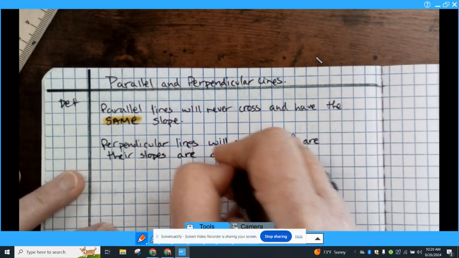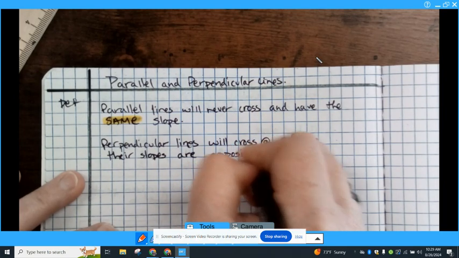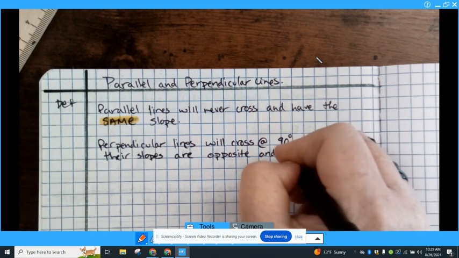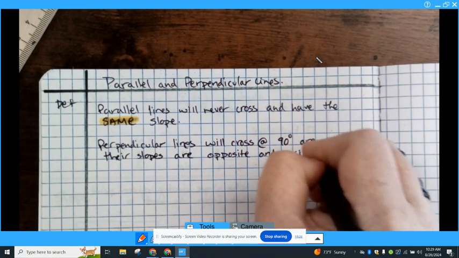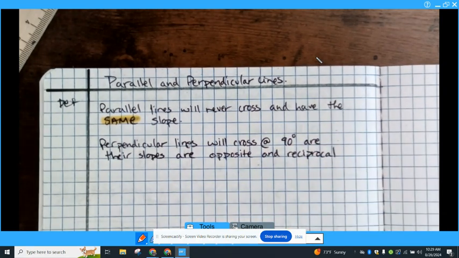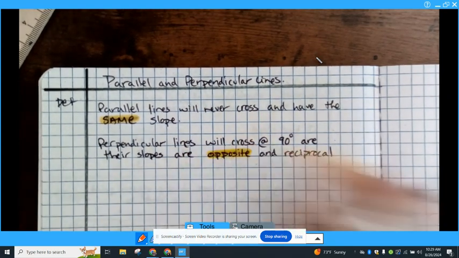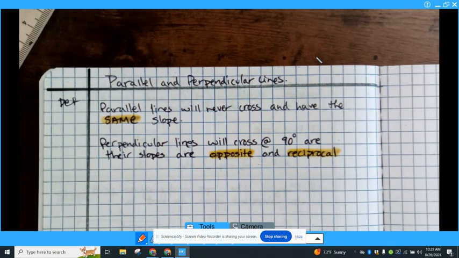So if one is positive, the other one's negative. And reciprocal. So there are fractions that are flipped. I'm going to highlight this. Opposite and reciprocal. So that one has 2 highlighted.